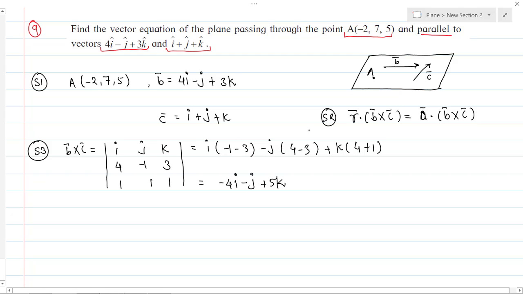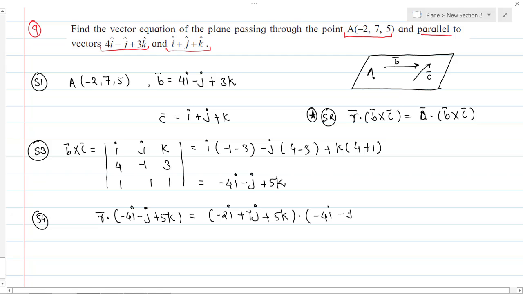Let's substitute this in the second equation, that is the step number 2 equation. So you will have step 4, which is r bar dot (minus 4i minus j plus 5k) equals a bar, which is minus 2i plus 7j plus 5k, dot n bar, again minus 4i minus j plus 5k.